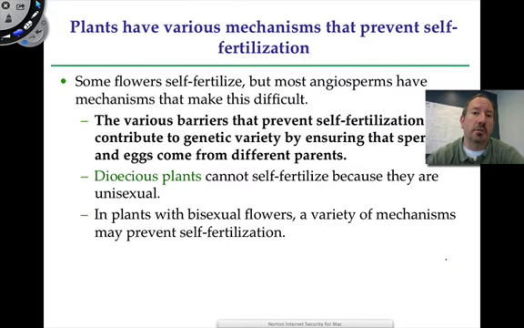The truth told is there's more of a likelihood that you'll have variation in the next generation of seeds if you're cross-pollinating. So there's some interesting mechanisms that I just want to kick around for a couple minutes about what prevents self-fertilization. There's some barriers that really contribute to genetic diversity by assuring the sperm and egg come from different plants.